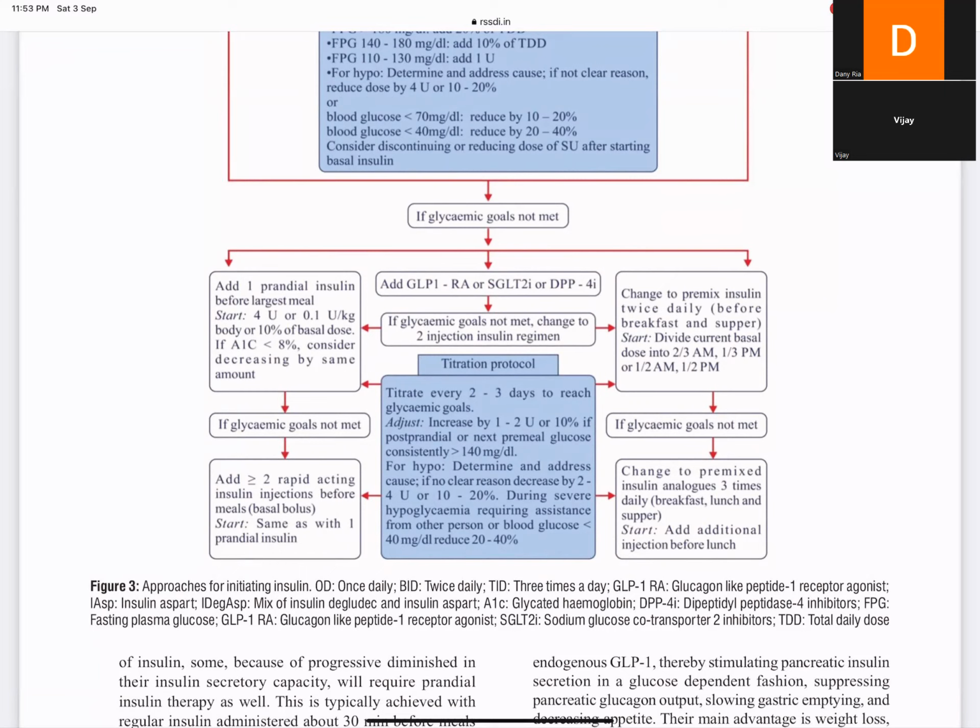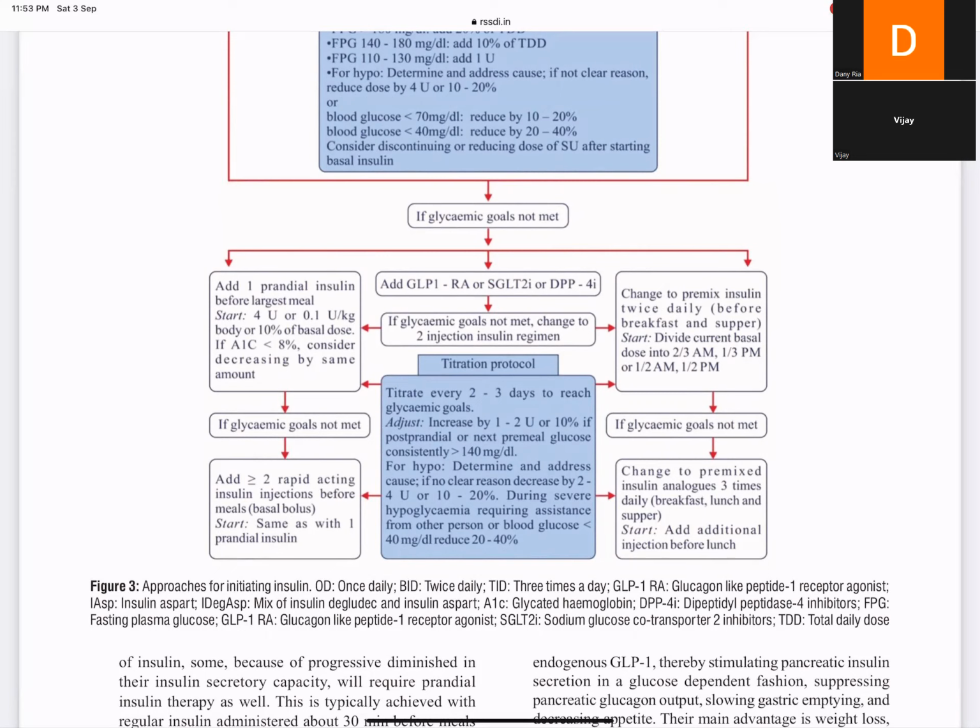That is basal bolus, right? One basal, one bolus will be basal plus regimen. If the patient is still not getting control with basal plus, we are trying to make it a basal bolus regimen. How to start the bolus regimen? 0.1 units per kg before the largest meal or 4 units as such.